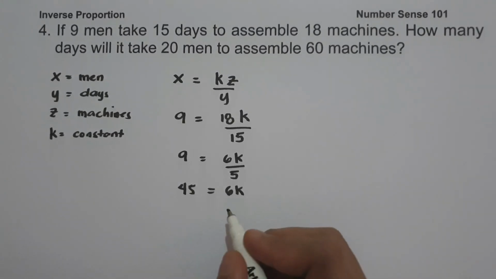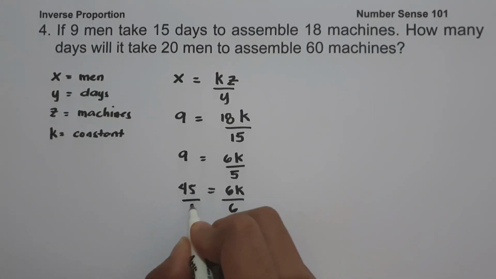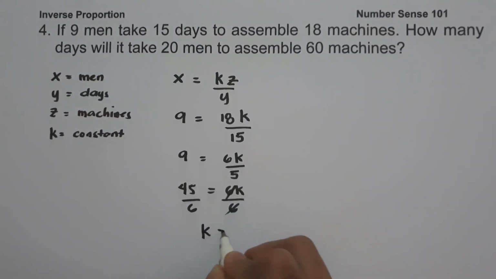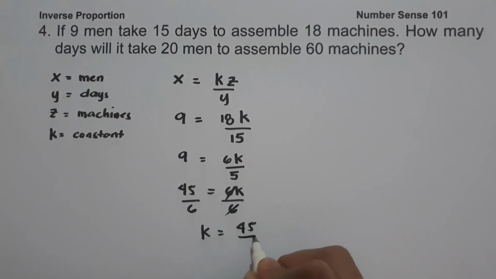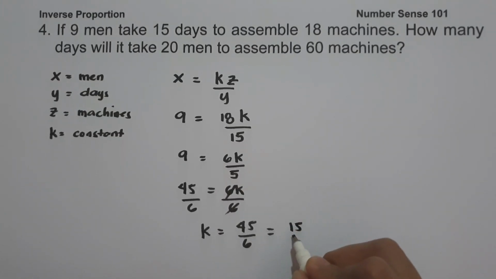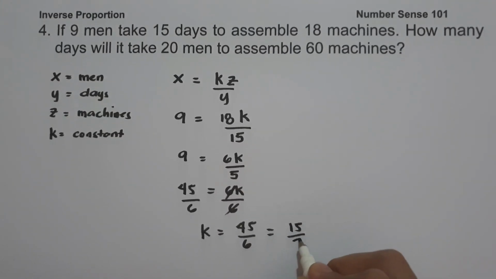And to divide, let us have 6 on both sides of the equation. Let us cancel this one. So k equals 45 over 6. And if you are going to simplify this one, because 45 and 6 are divisible by 3, 45 becomes 15 and 6 becomes 2. So this will be the value of our constant.